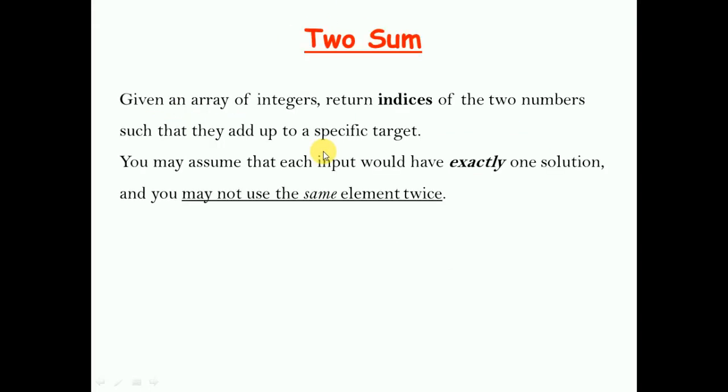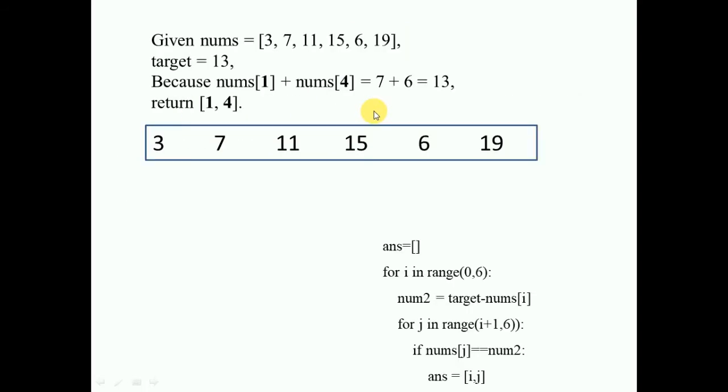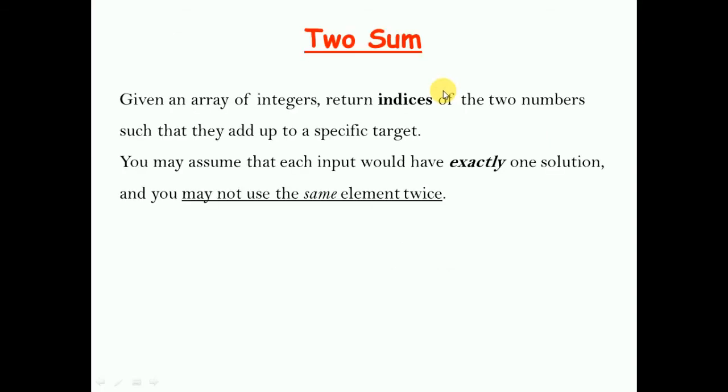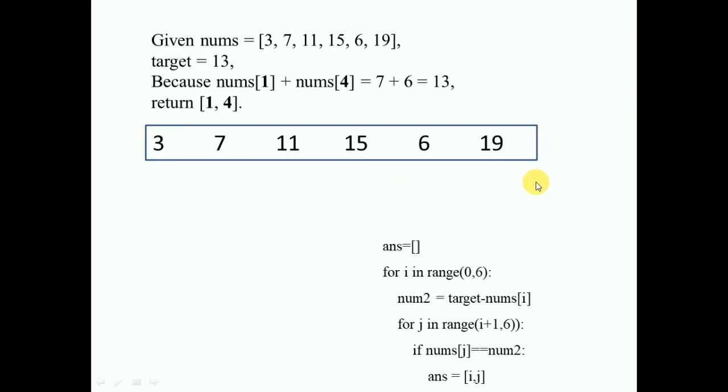So in the problem they said given an array of integers, yes, we have an array of integers and a target, and we have to return the indices of the two numbers such that they add up to a specific target. The target is 13. You may assume that each input would have exactly one solution. The input is 13 and we have exactly one solution, that is 1, 4.